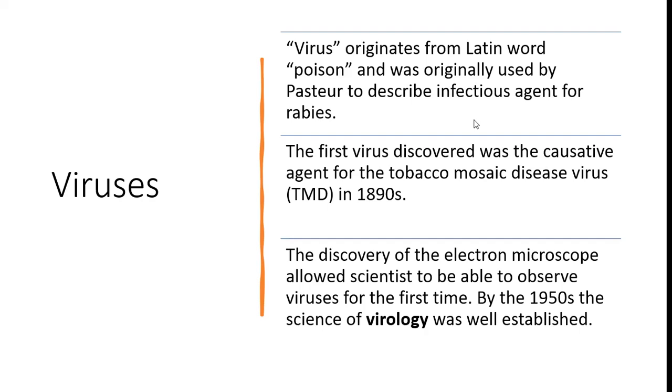So it took the discovery of the electron microscope for them to actually visualize, see and isolate that first virus. So from the 1930s up, we had a steady flow of information and research on viruses, and by the time the 1950s rolled around, the field of virology itself had been established.